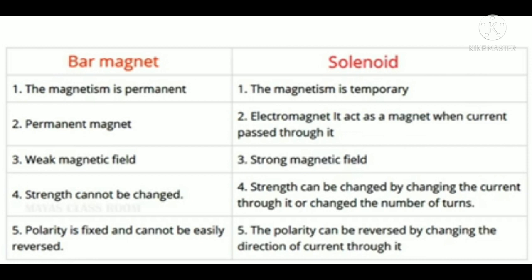But in the case of solenoid, the polarity can be reversed by changing the direction of current through it. This is the difference between bar magnet and a solenoid.